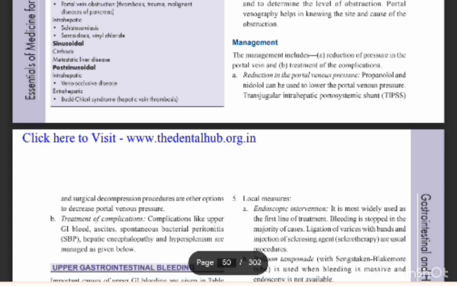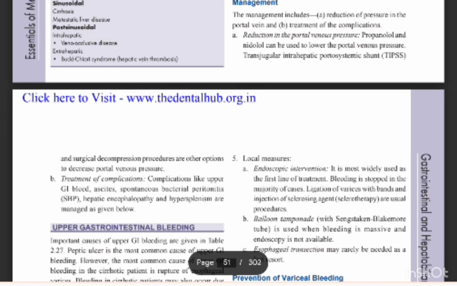Transjugular intrahepatic portosystemic shunt and surgical decompression procedures are other options to decrease portal venous pressure. Complications like upper GI bleed, ascites, spontaneous bacterial peritonitis, hepatic encephalopathy and hypersplenism are managed as given below.